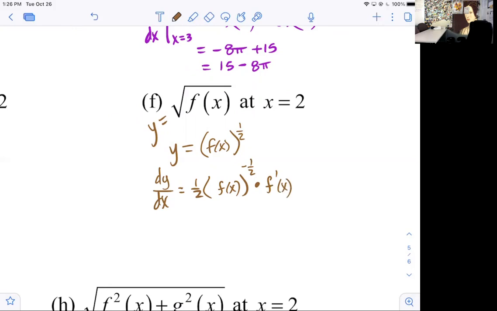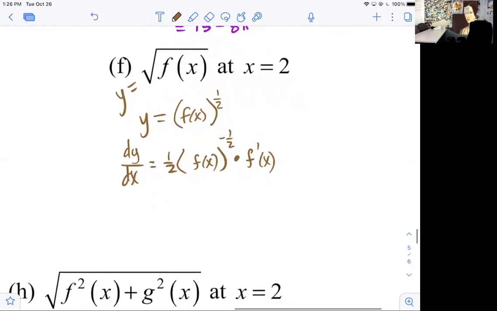Now, because we're going to use it, I'm going to clean it up before I plug in. So dy dx, I guess I don't need to rewrite it if it's still dy dx. Let's see. In the top, we're only going to have F prime of X. And in the bottom, the 1/2 puts a factor of 2 in the denominator. And then the F of X to the -1/2, the negative brings it downstairs.